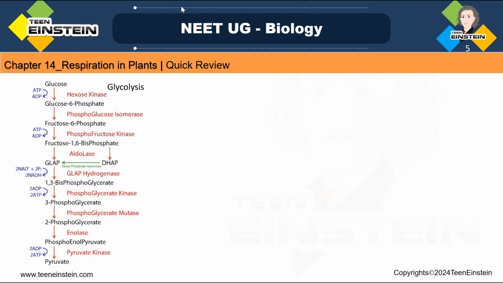Okay. So the net gain of ATP during aerobic respiration of one glucose molecule is 32 plus 4, which is equal to 36.